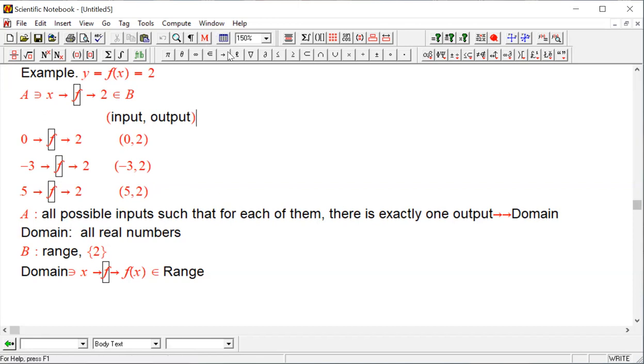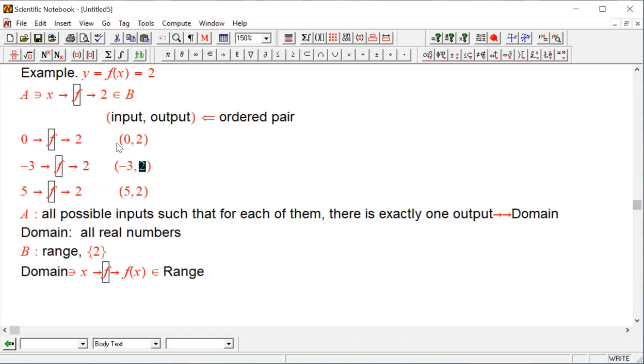And this ordered pair, what is the ordered pair? We make the pairs in a certain order, right? Input first, output second. All of these are inputs. For each input, there's exactly one output. We have exactly one output paired with the selected input.